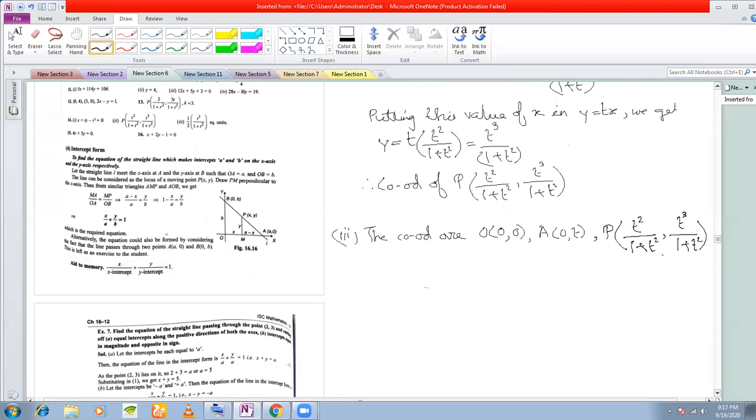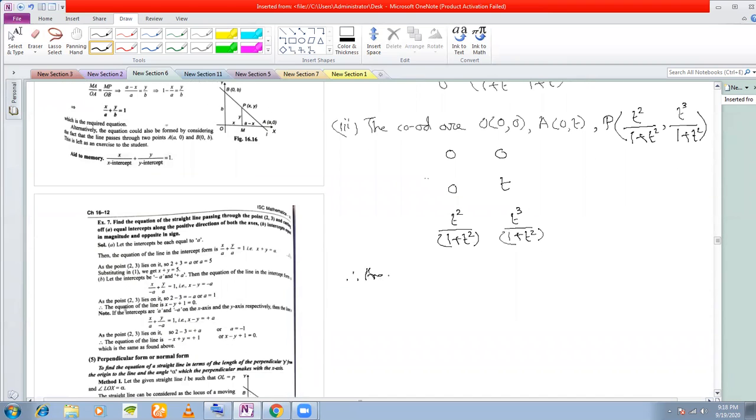And how do you find the area of the triangle? You write the coordinates in this manner.